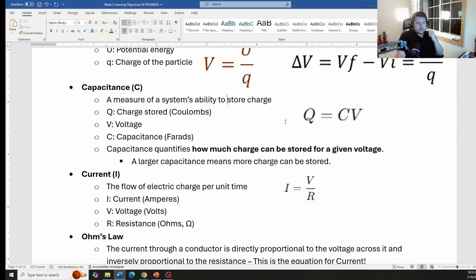The way that we calculate capacitance, we use the amount of charge stored. Q is the amount of charge that can be stored. V is voltage, and C is our capacitance in a unit called farads.